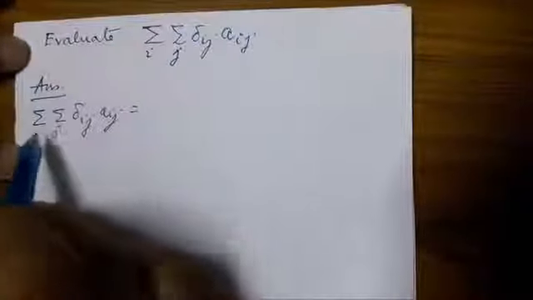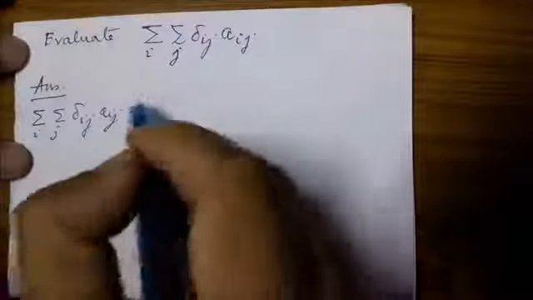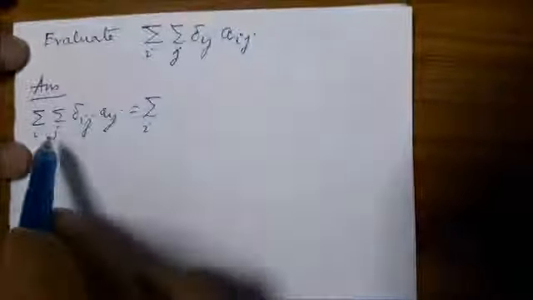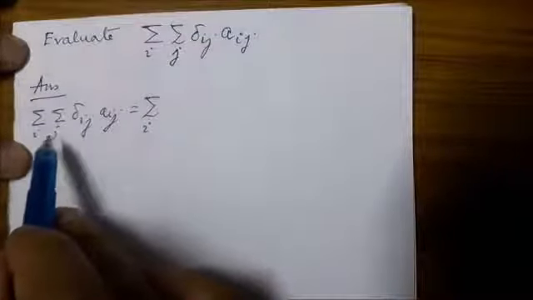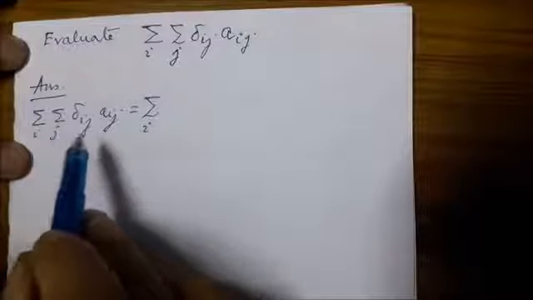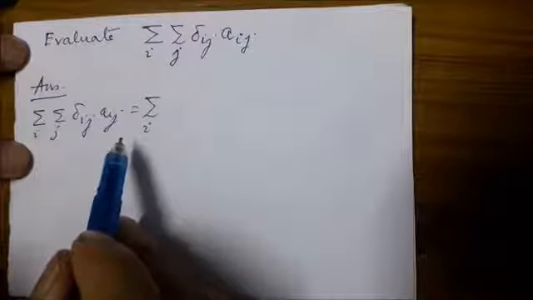Now here there are two summations. So let us first perform summation over j, and after having performed summation over j, we will focus our attention on performing summation over i.